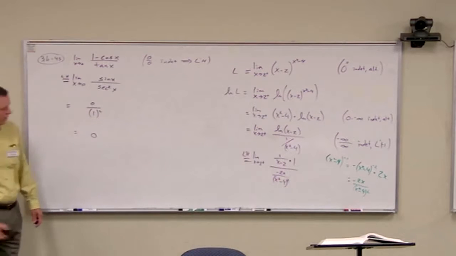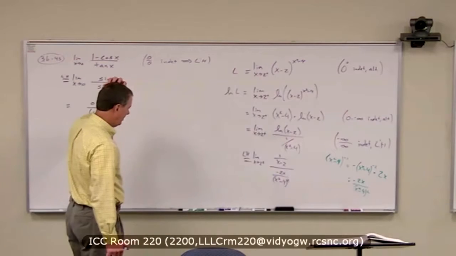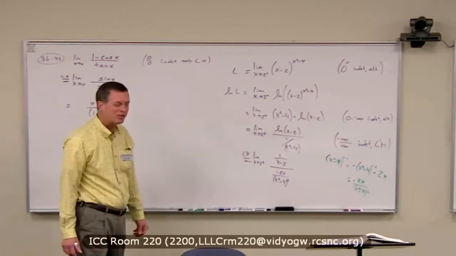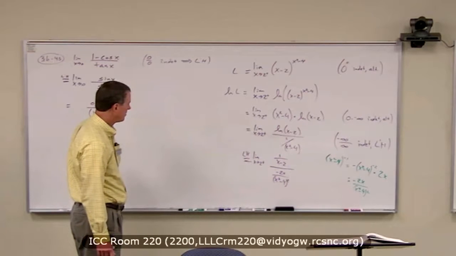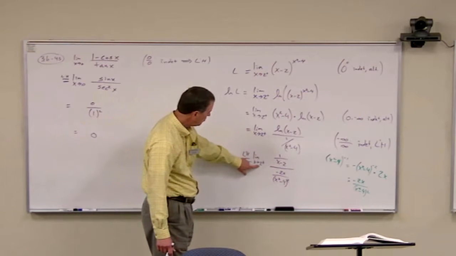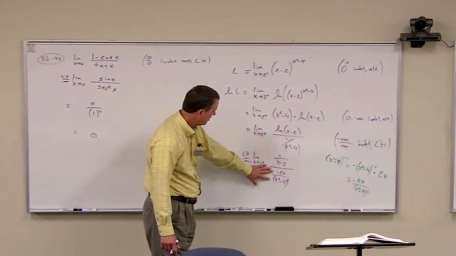And then now what? You're going to plug in 2 now? Well, yeah, but you're still going to get some issues, I think. Maybe not. Let's simplify it algebraically first. If you plug in 2, you're going to get 1 over 0, which is infinity, and then down here you're going to get 4 over 0, which is infinity.